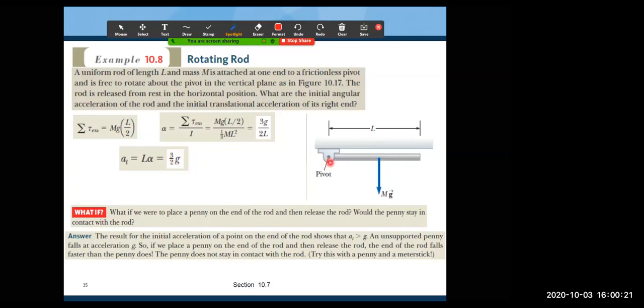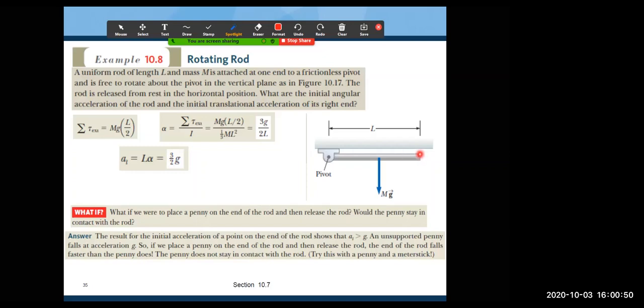Now, that is funny. Acceleration at the end of the rod is even greater than the acceleration due to gravity. So if you have any object placed at the end of the rod, say a cone, and you release the rod from rest, the rod would be accelerating faster than the cone when you release the rod.